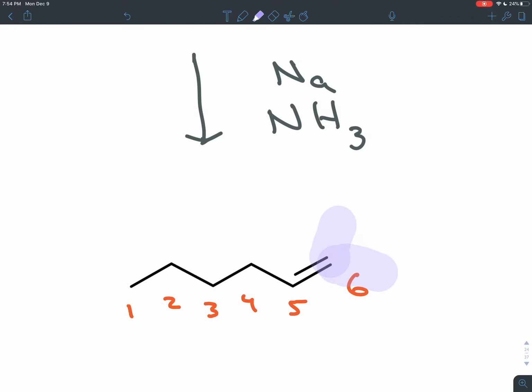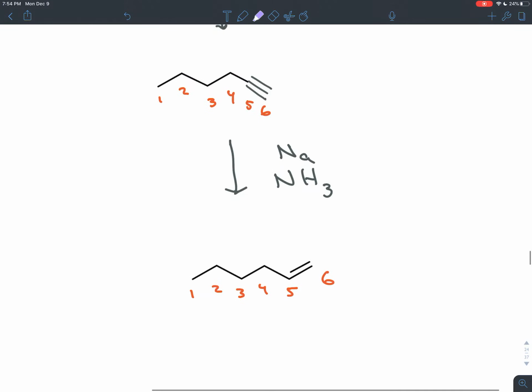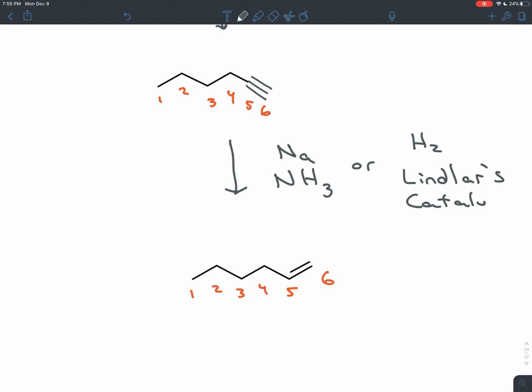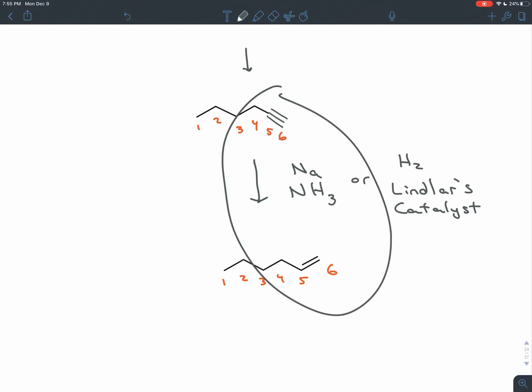It has 2 hydrogens on one of the carbons, so it's neither cis nor trans. So you could either use dissolving metal reduction, or you could use H2 with Lindlar's catalyst. That would usually give you a cis alkene. But as we said, this doesn't come in a cis and trans version, so either one will take the alkyne to the alkene.